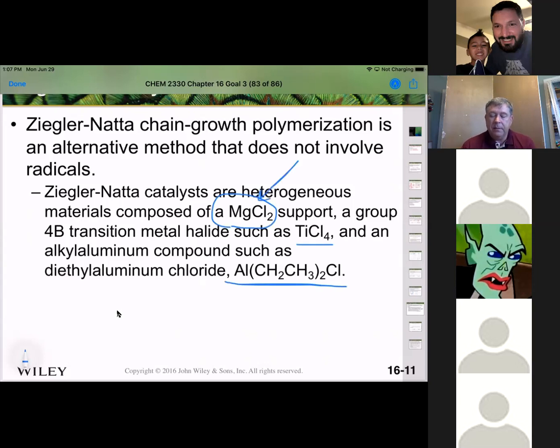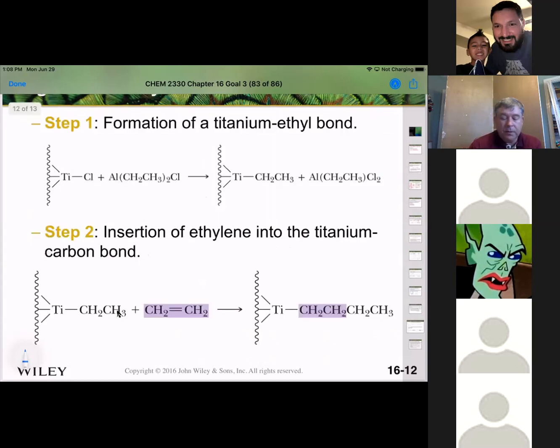Think about it as forming a carbanion, just like the Grignard reaction. We have that MgBr. It's analogous to the Grignard reaction here, where we're forming the negative charge on carbon, okay? And the way this works is we actually have a solid support that this thing is on.